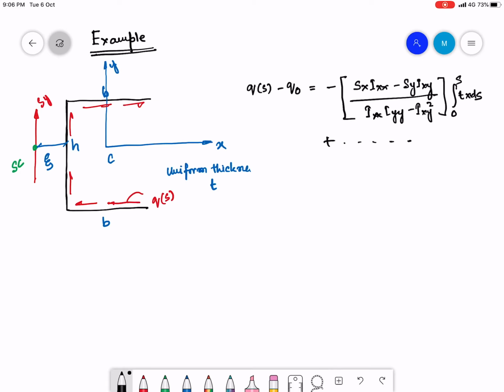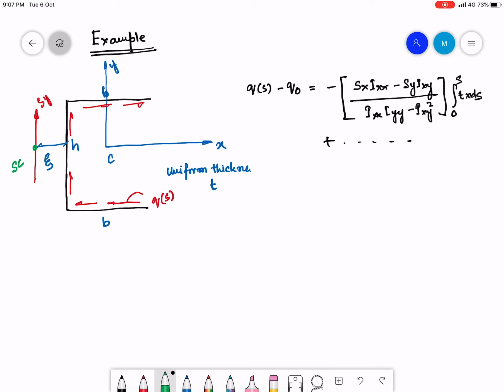So we can choose any point on the cross section, or in the plane of the cross section, and the moment produced by the applied force Sy in this case should be equal to the moment about the same point by the shear flow Qs.